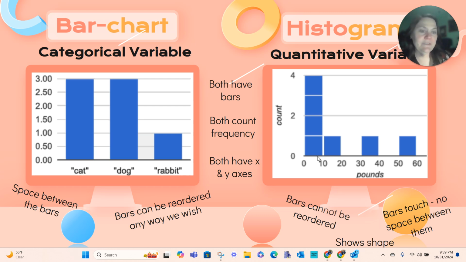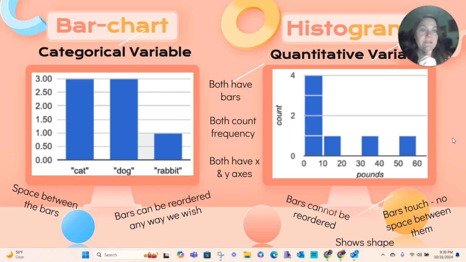The shape of that data, what it shows, and we're going to get later into talking more about that, a histogram does show the shape of the quantitative variable. The bars touch in this, and I know the Google graph has a little bit of a gap there, but typically this means they are right next to each other, just showing the continuous flow of our data.